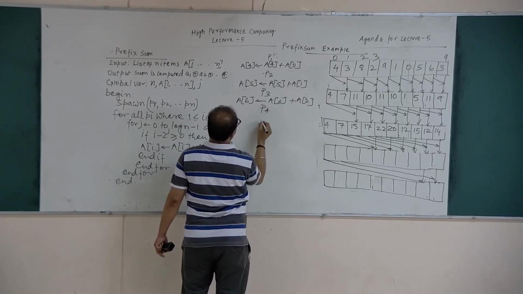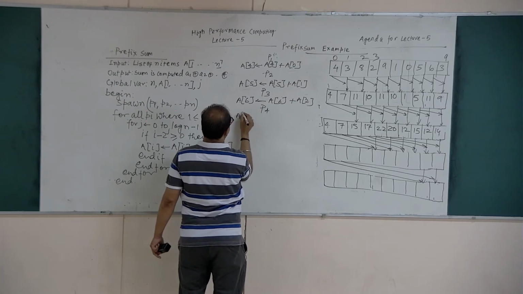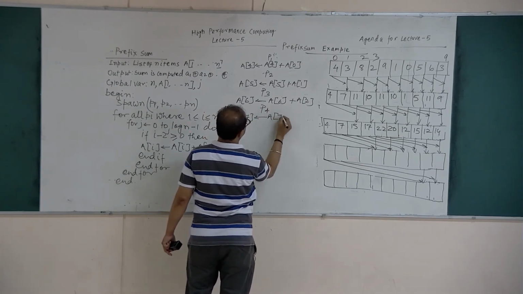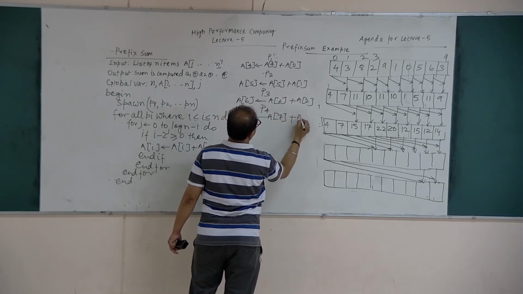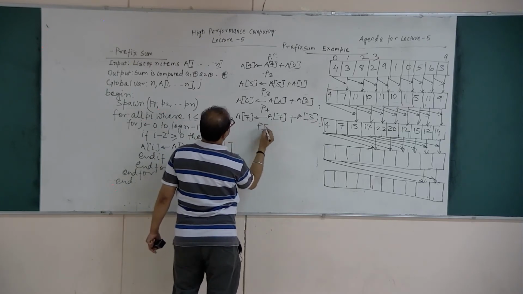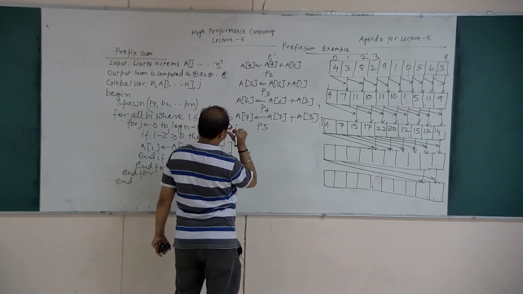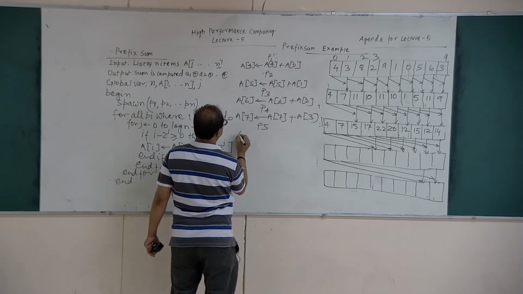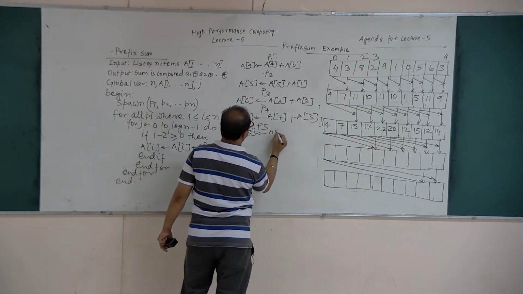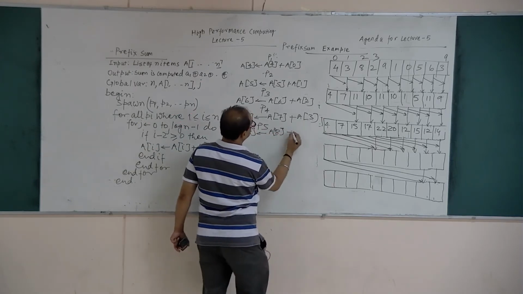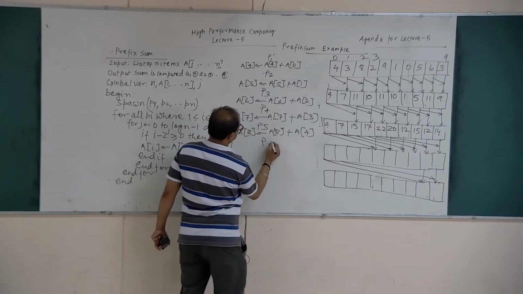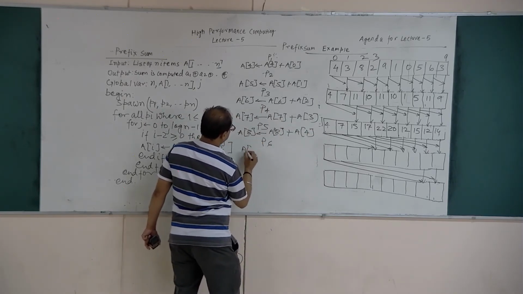P4 is adding A7, and at A7 it is adding A7 plus A3, and so on and so forth. And P5 is adding A8, and at A8 it is adding A8 plus A4, and P6 is adding A9.